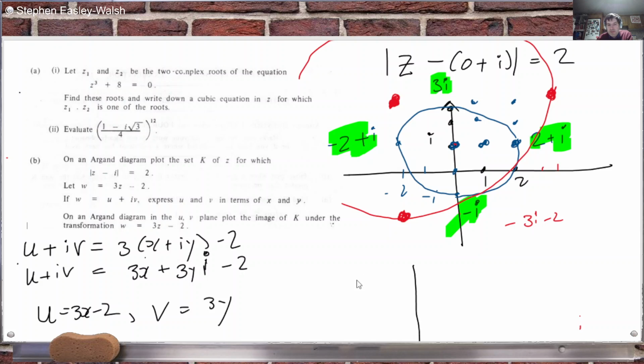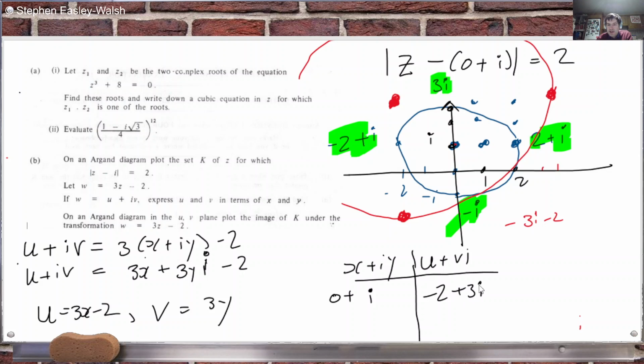So for example, if you have your points, let's say x plus iy, and then here is u plus vi. I think the first one I did was 0 plus I. So then the u would be 3 times 0 minus 2, that's minus 2, and the v would be 3i.